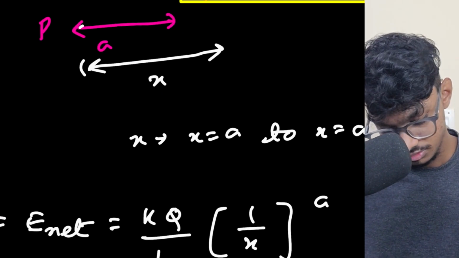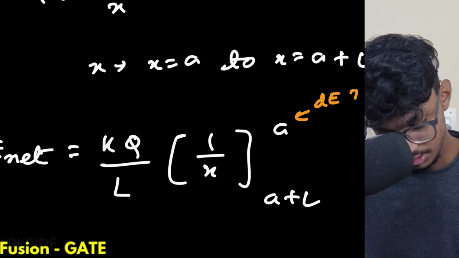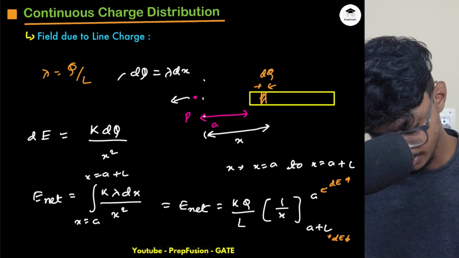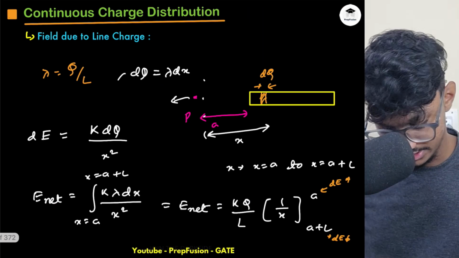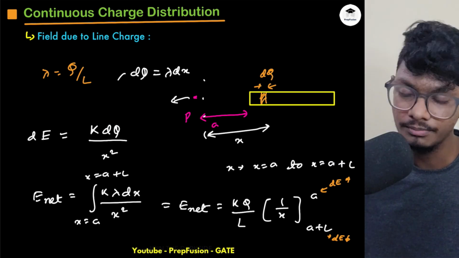So this dE is high and this dE is lower. That's why I changed the limits, to make the electric field positive. So this will be 1 by A minus 1 by A plus L.